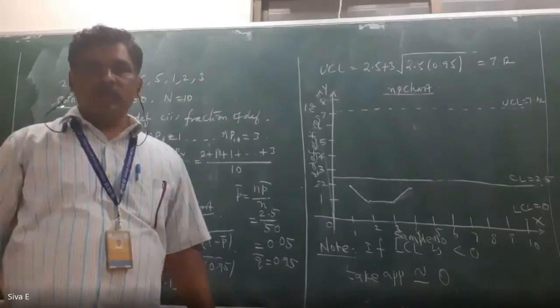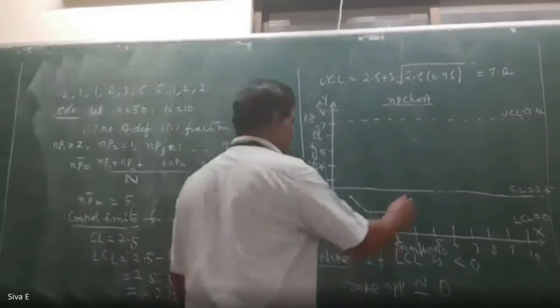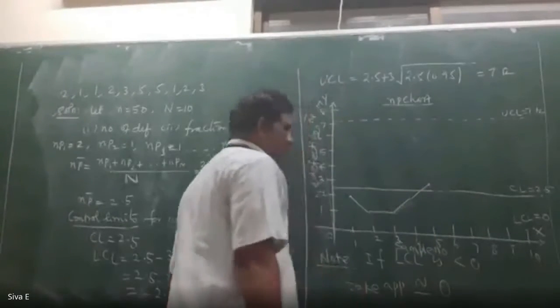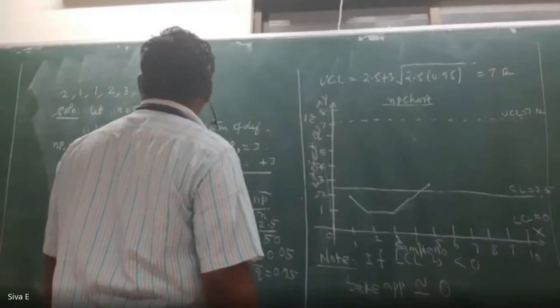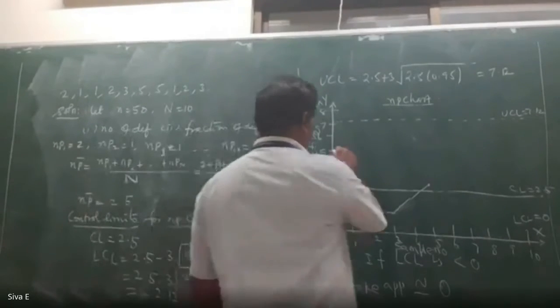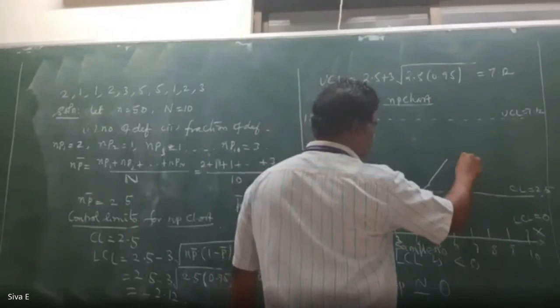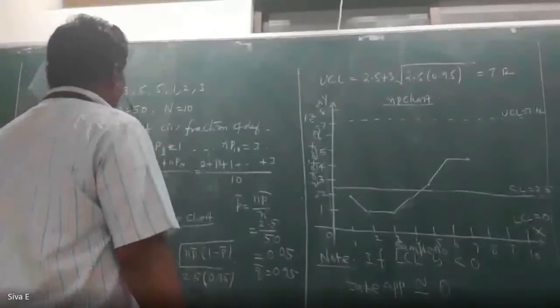See here, the fourth one is 2, the fifth one is 3, join, the sixth one is 5, the seventh one is 5, then 1, 2, 3.